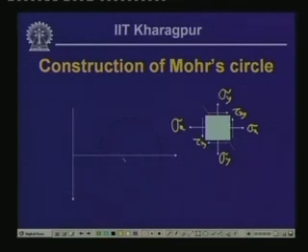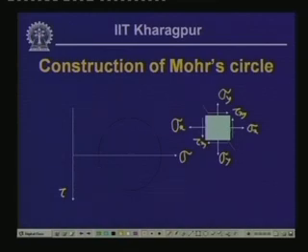Now, as we had defined last time, this axis represents sigma, the normal stress axis, and the y axis represents the shearing stress axis, and we take the direction of shear stress downwards to have compatibility with the rotational angle, which is in an anticlockwise direction and will be represented in an anticlockwise direction in the Mohr circle as well.